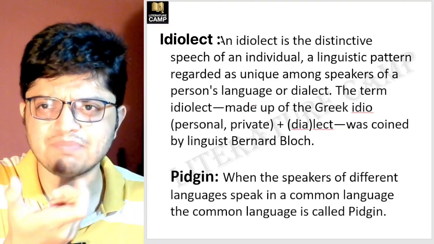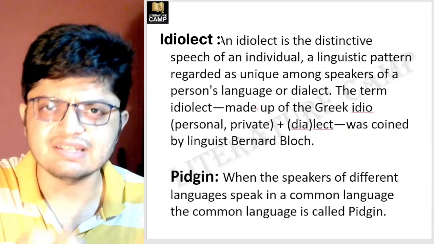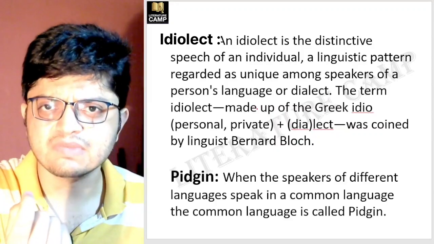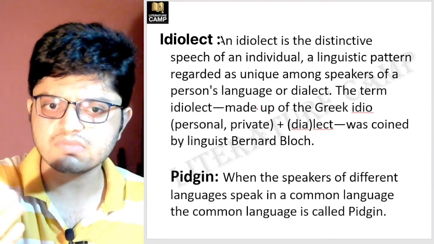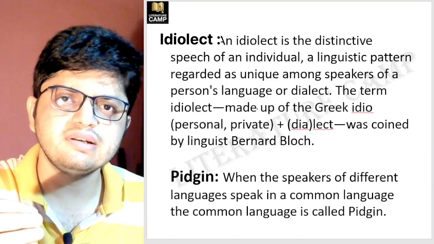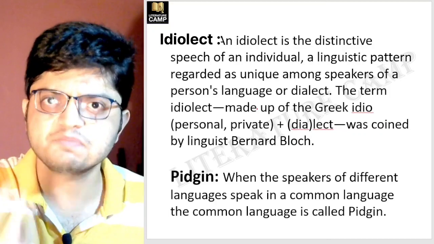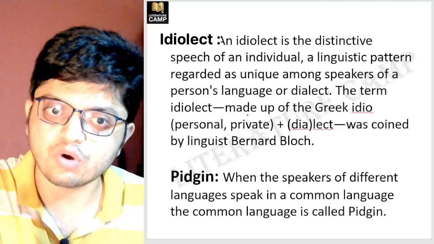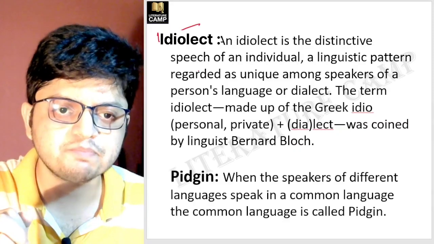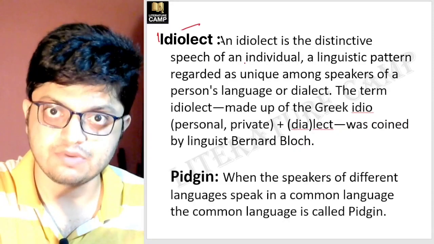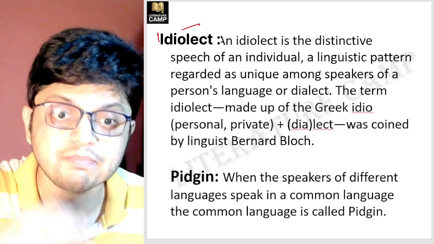Because if we look at a person's language, we'll find that each individual has a different speaking manner, different conventions of speaking. So idiolect is all about it. Idiolect is the distinctive speech of an individual, or a linguistic pattern.